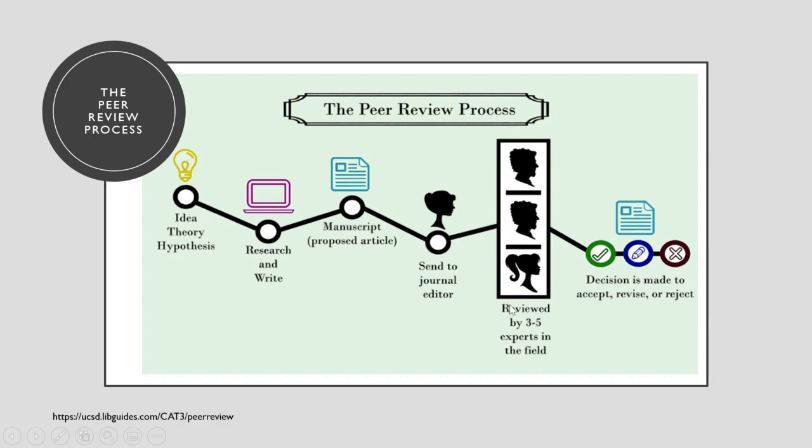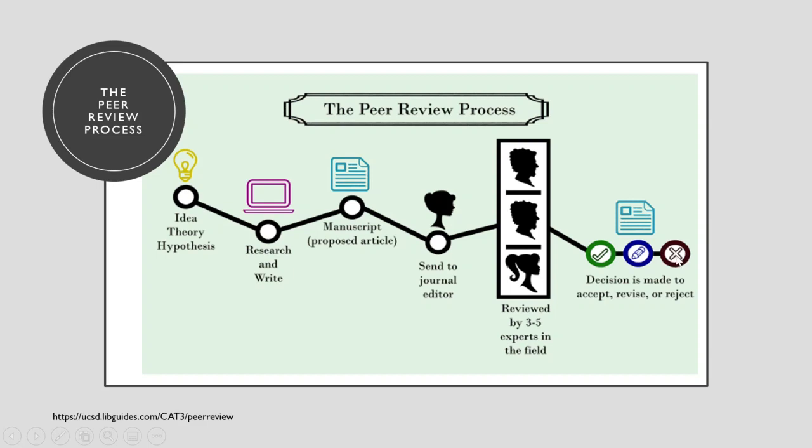What these reviewers are looking for is not grammatical and spelling errors. They are examining the content. They can recommend that the manuscript be accepted as is, revised, and they will give some recommendations for revisions, or the manuscript is rejected.